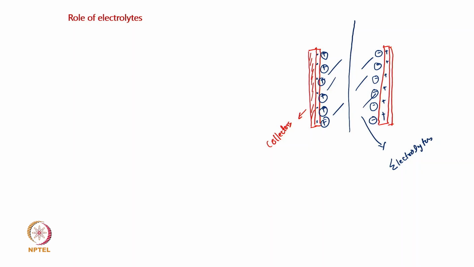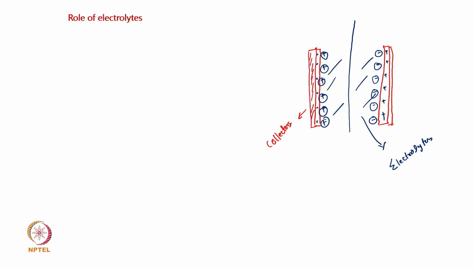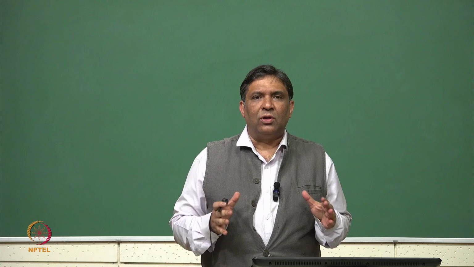So, we have two double layers formed at the two electrodes, and we can write it as double layer formation. So, what is the role of the electrolyte?